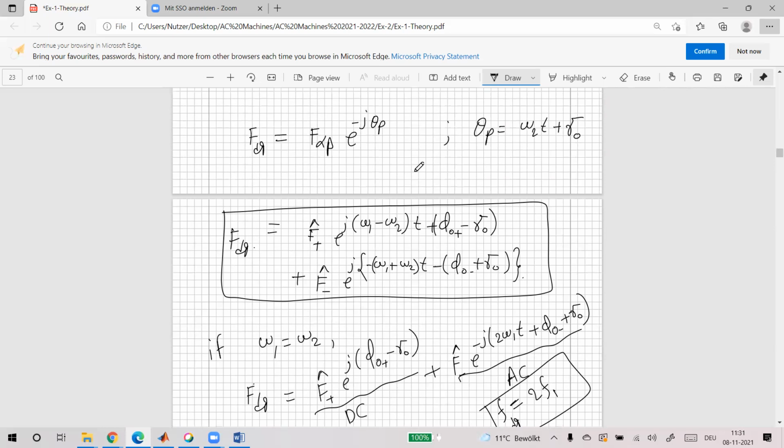Yeah, they both are the same. Here I just took the minus common. Okay.